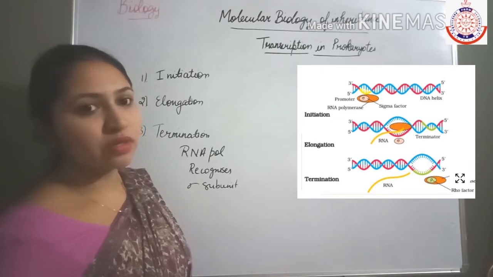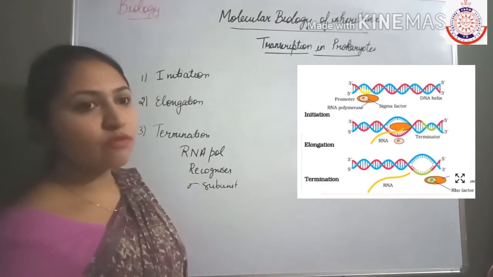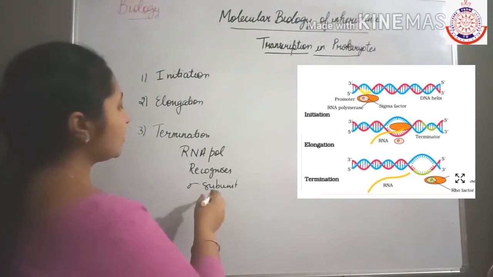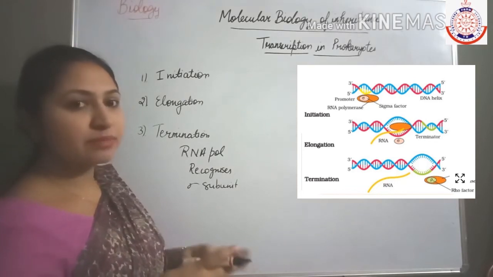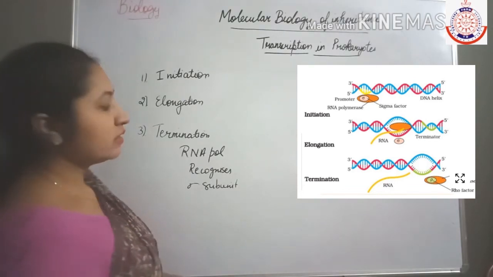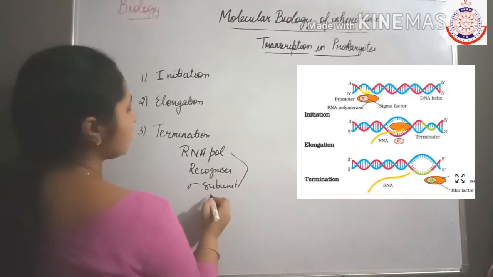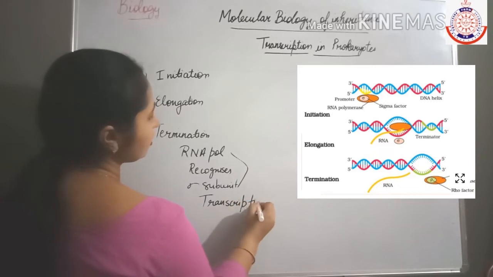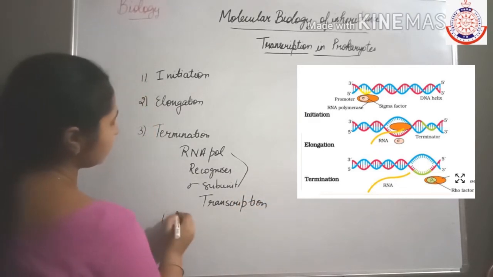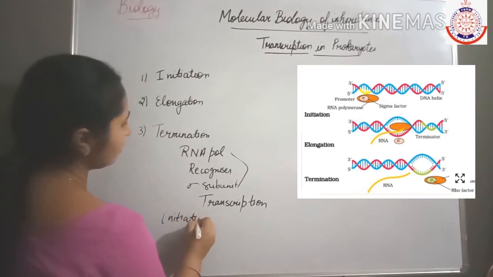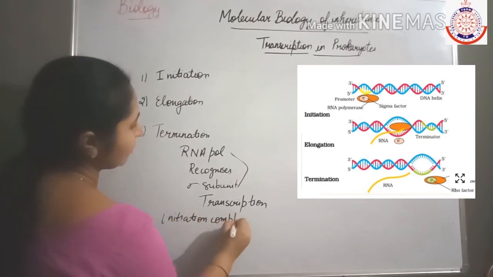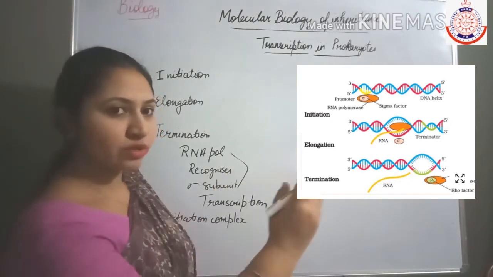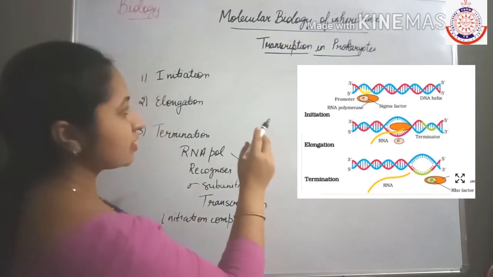So when the RNA polymerase and the sigma subunit combine with each other, together they will form the transcription initiation complex. And then the transcription will start from the promoter site, which is also known as the transcription start site.